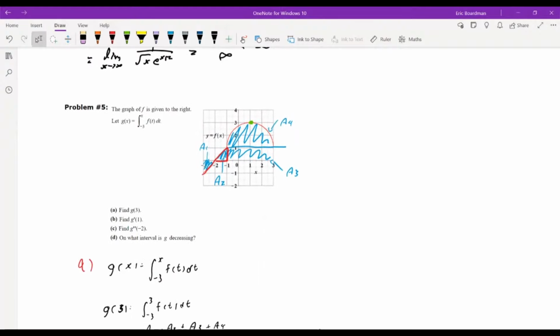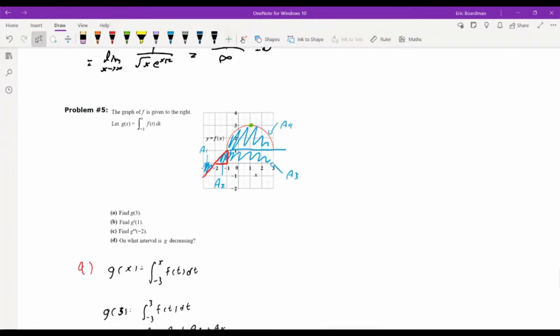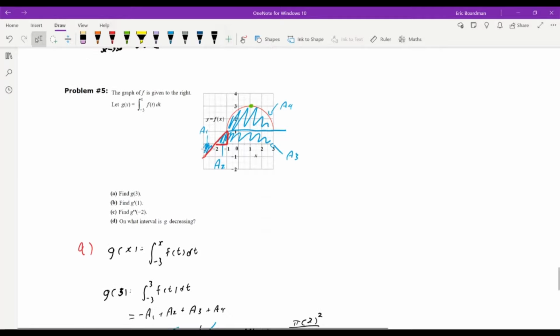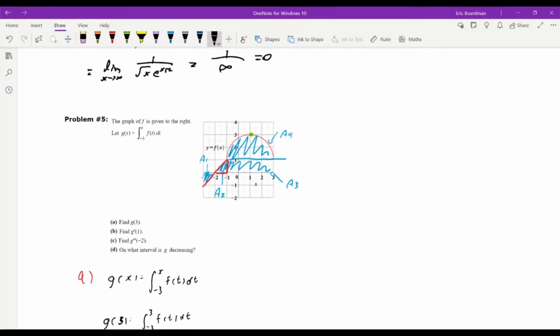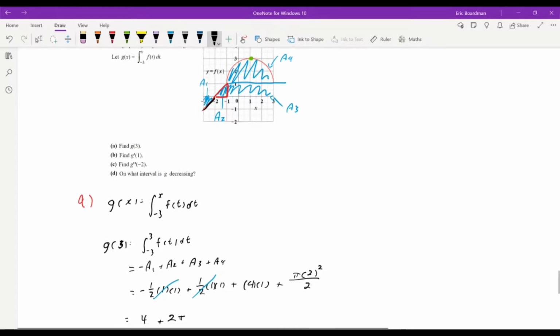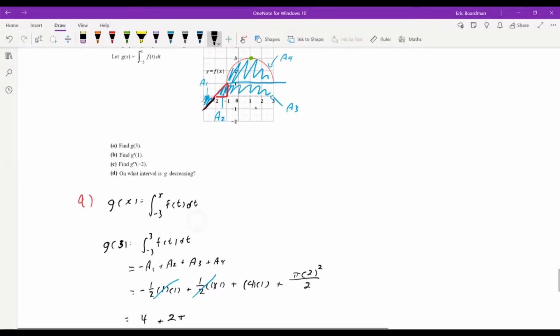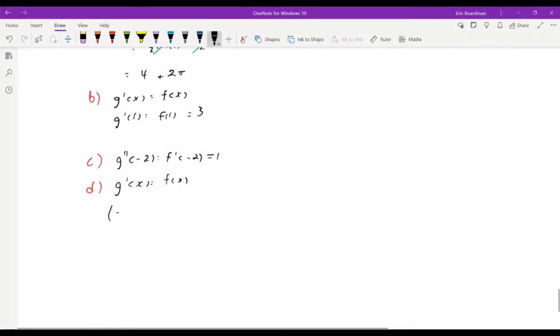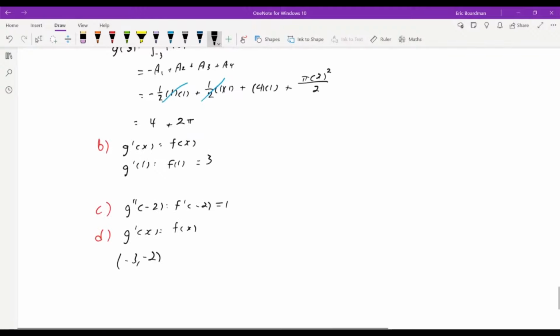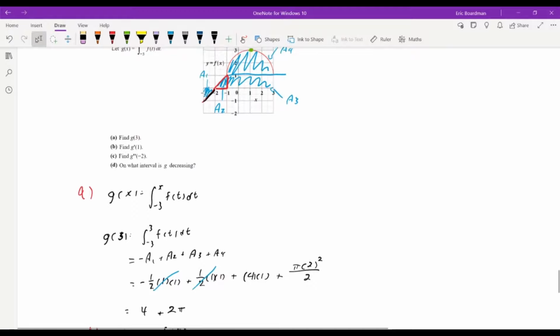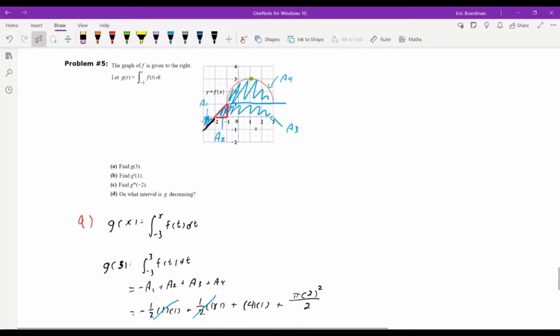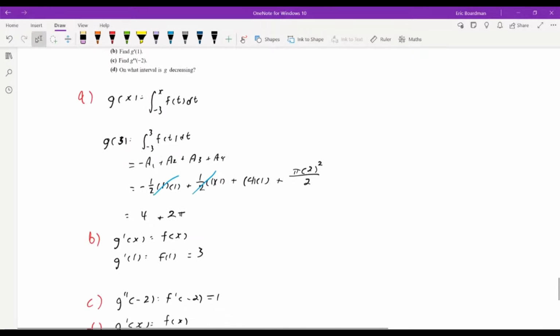I know this graph's kind of crowded, but that's just right here. That's the only time it's negative. So it should just be between -3 and -2. So yeah. Now move on to the next question.